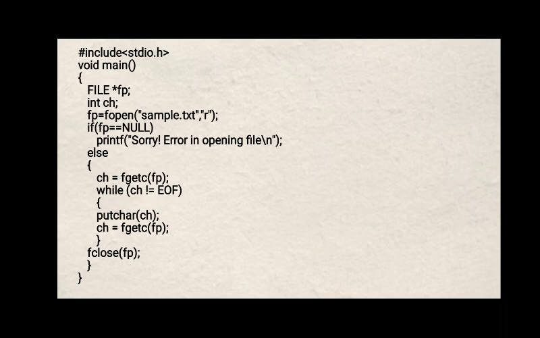After that, the entire content in your file is over, so it will return the value EOF. That means you have reached the end of the file, so this program terminates. So fgetc is to get a single character at a time, and that should be stored into a character variable. So that is about fgetc.